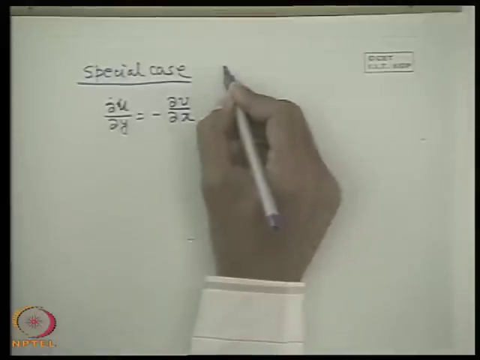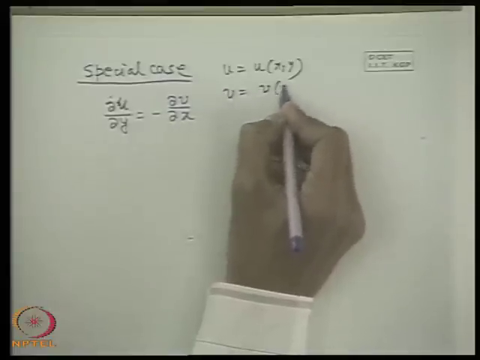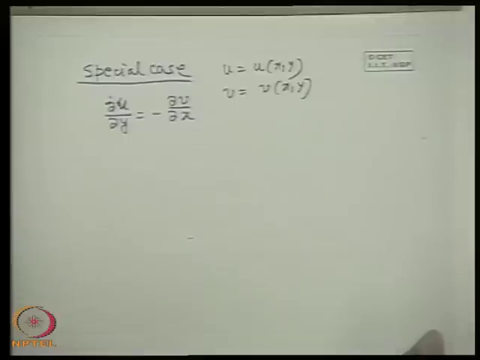Let us take that u is a function of x, y and v is a function of x, y in such a way that del u del y is minus del v del x. So, if we take this special case, then what happens?